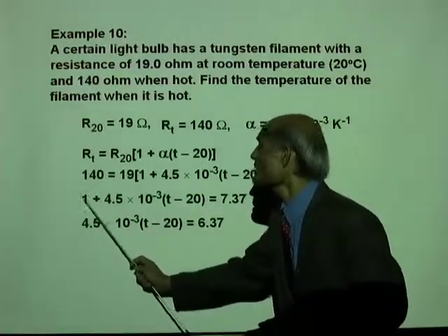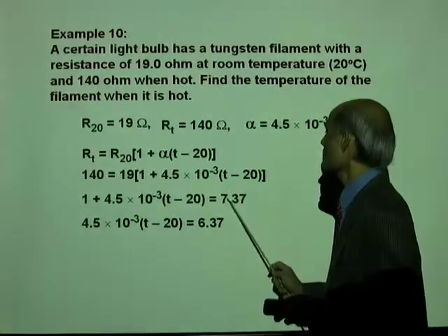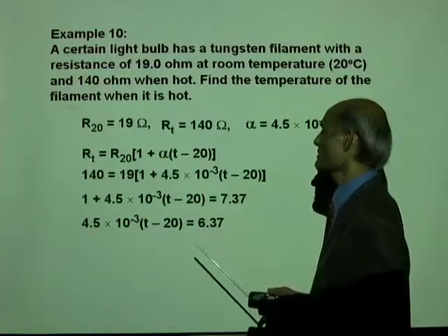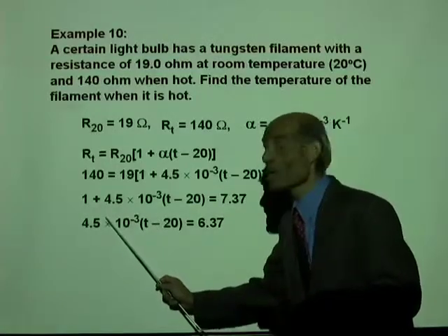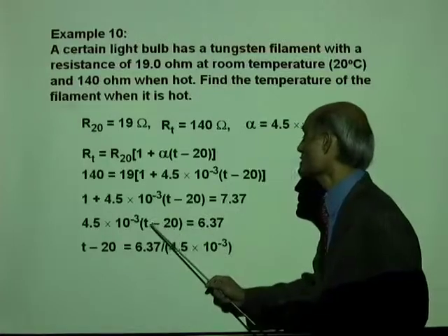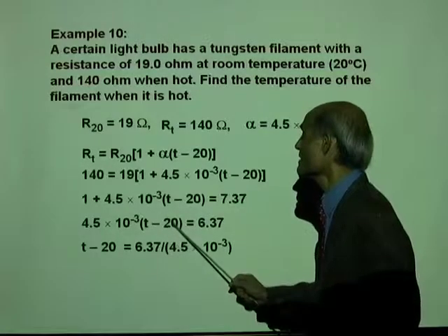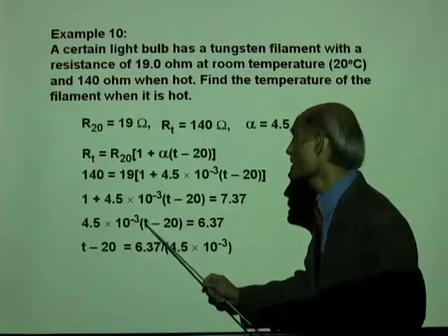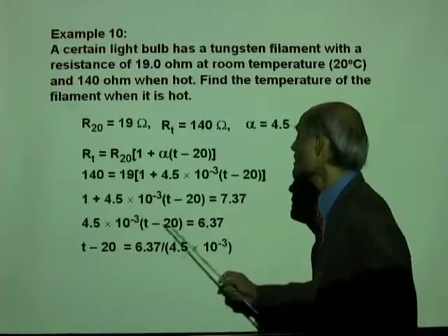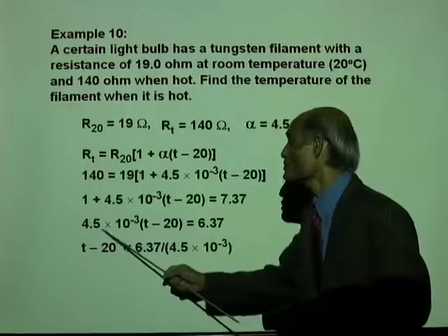Now this one I took from the left to the right, 7.37 minus 1 is 6.37. And what you need to do is distribute this quantity, T minus 20, rather than distributing, T minus 20 equal to 6.37 divided by this number.